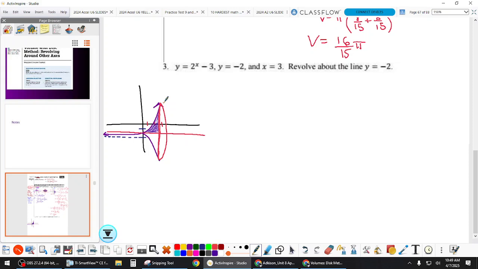Now be careful because, let me ask you this. You tell me what you wrote for your radius. 2x minus 3 minus equals 2. Okay. So remember that when we take an integral, like let's just leave this off for now, what is it taking, like, between this curve and where is it going? Ignore the pink y equals -2 line.